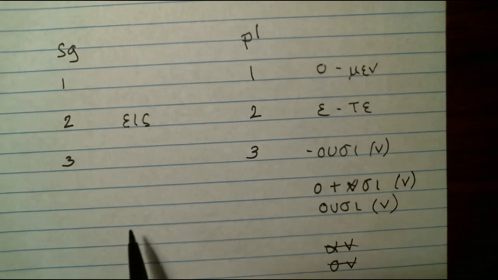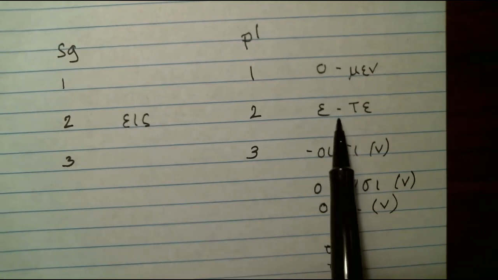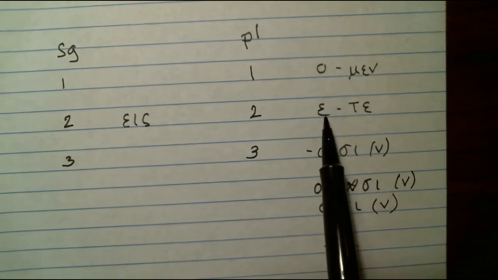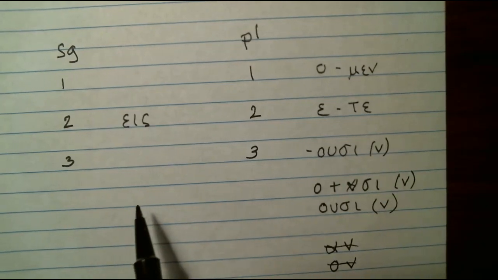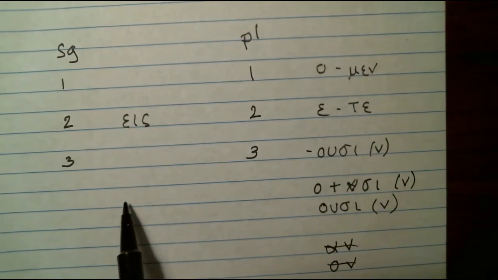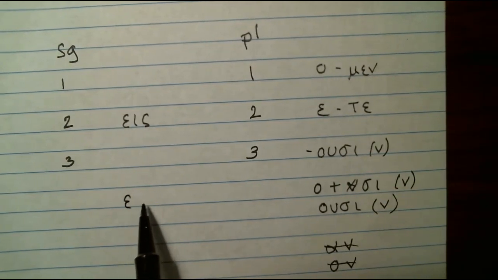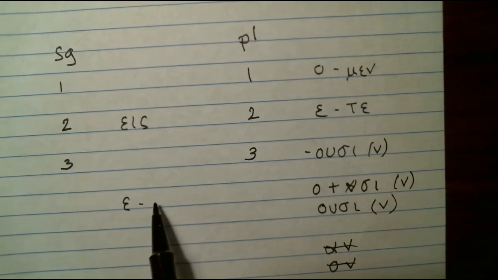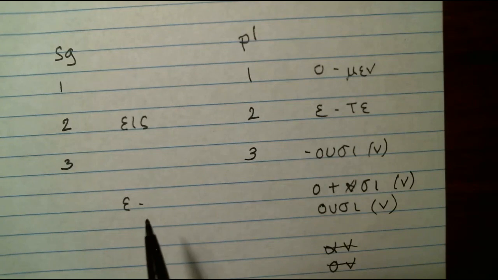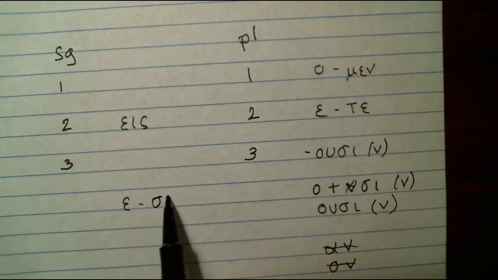So what happened there is, just like in second person plural, you have the epsilon marker plus the ending. So here what you have happening is you have the epsilon marker, and then you had the sigma iota added onto that.